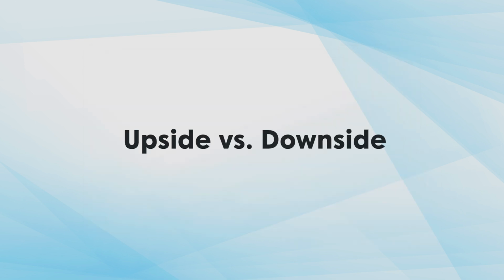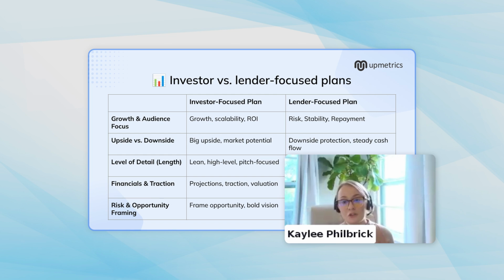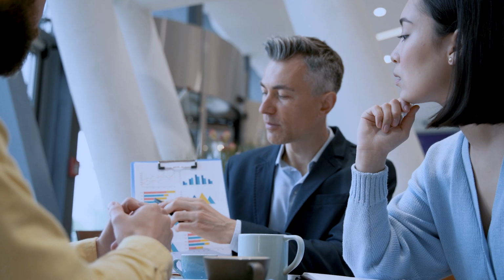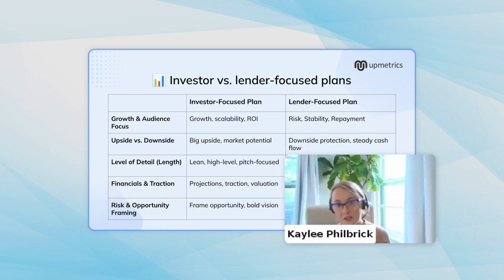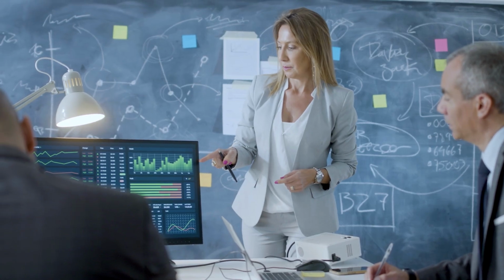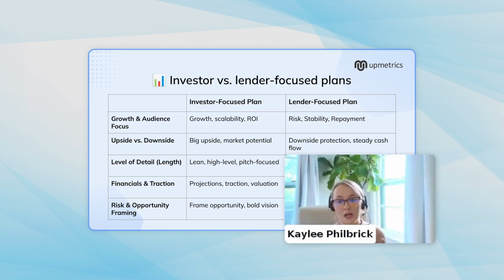The next piece is on that upside versus downside. Investors are generally willing to take more risk for a higher reward, and Chad will talk about all of this in more detail, but they're looking for the upside. So what's that market opportunity? Do you have that scalable model? And what does that potential for high returns look like?